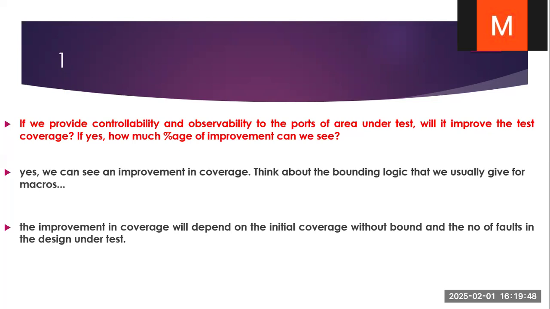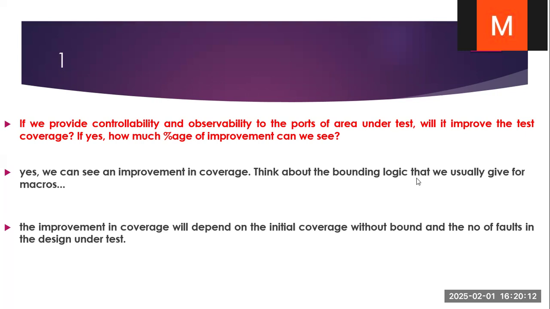First question is, if we provide controllability and observability to the ports of the area under test, will it improve the test coverage? If yes, how much percentage of improvement can we see? Obviously, the answer is given in the question: yes, we can see the improvement in the coverage.